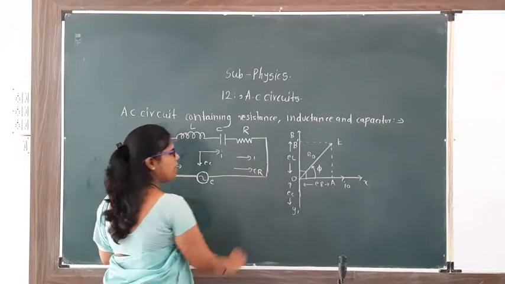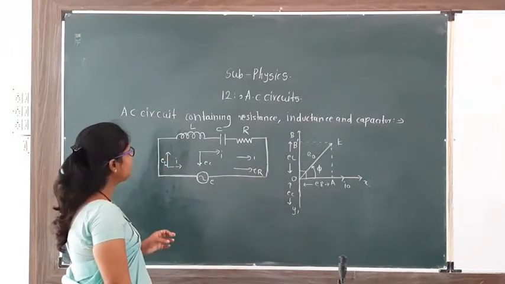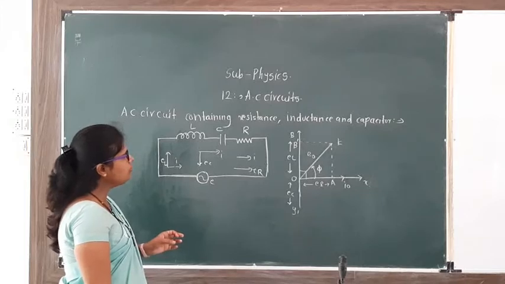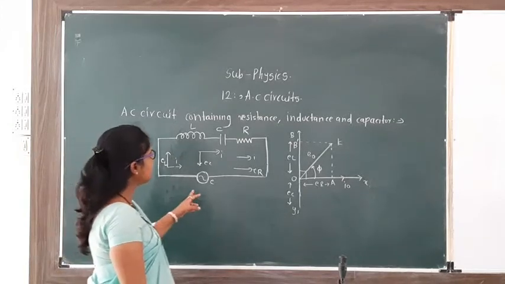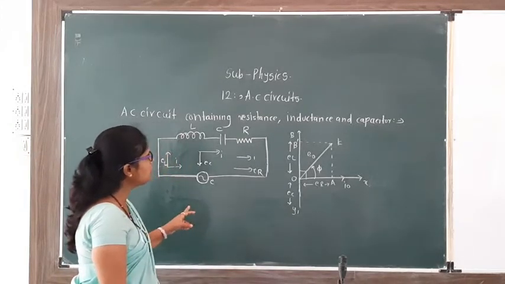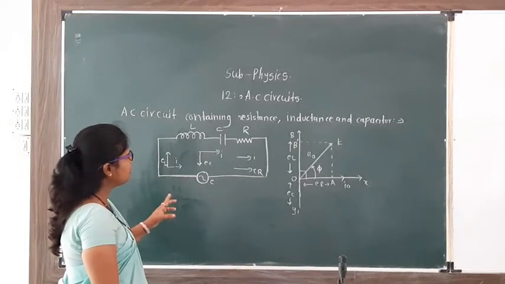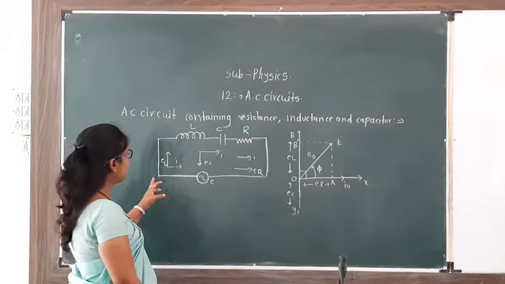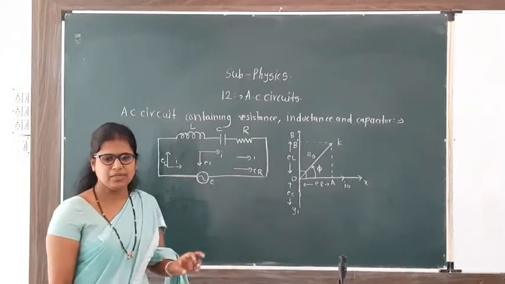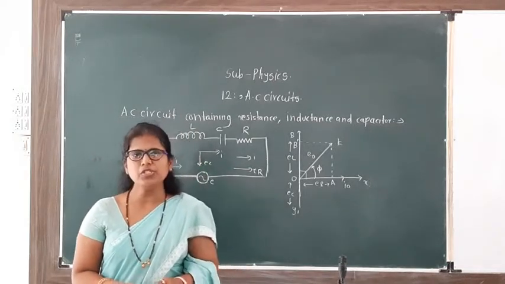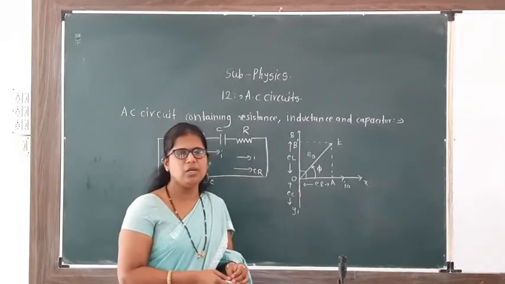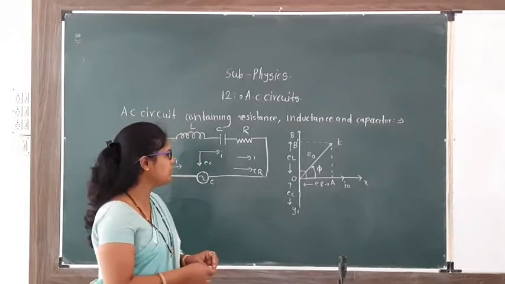In the last lecture we saw the separate components connected across the AC circuit. Now here we have to see the total resistance, inductance and capacitor connected across the AC circuit. We have studied the opposition offered by the resistor, pure inductor and capacitance.